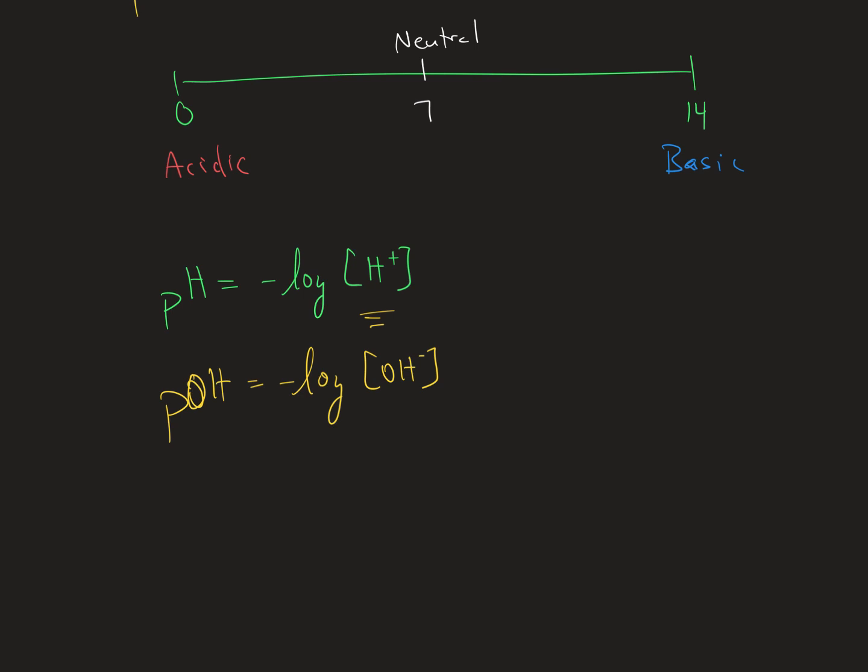Because maybe we're dealing with a base. We have the concentration of our base, but how do we calculate the pH? Using the pOH. We'll get there, one step at a time. So far, we'll just start with this simple equation.